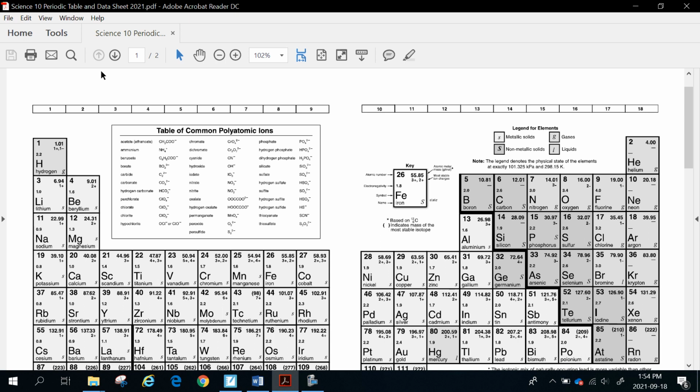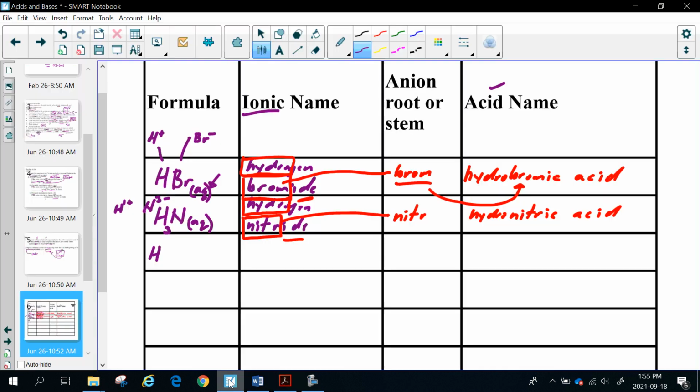Okay, so if you take a look at your table of polyatomic ions, let's pick one that has the ATE ending. Let's pick this one right here, which is nitrate, which is NO3 minus, if I can read that very small print, NO3 minus for the nitrate. So let's go back here and let's write that in.